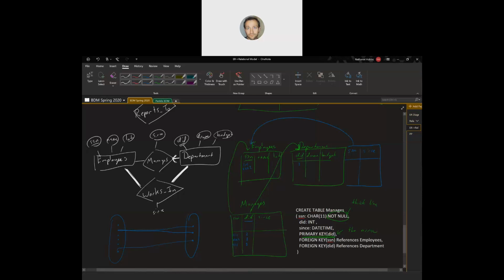So in green here on the bottom, this manages table is sort of the first method. Here, this blue table is sort of using the second method.